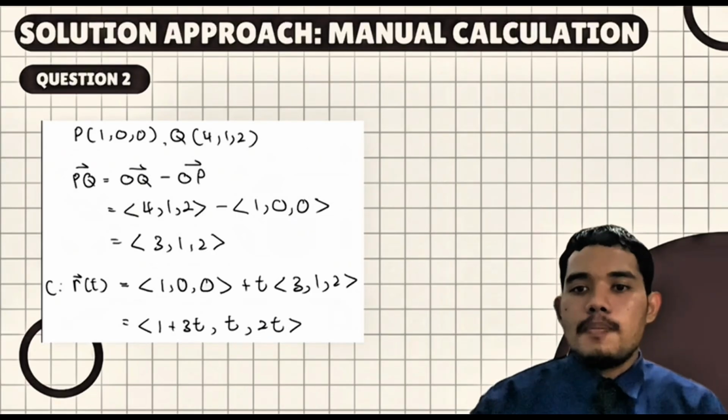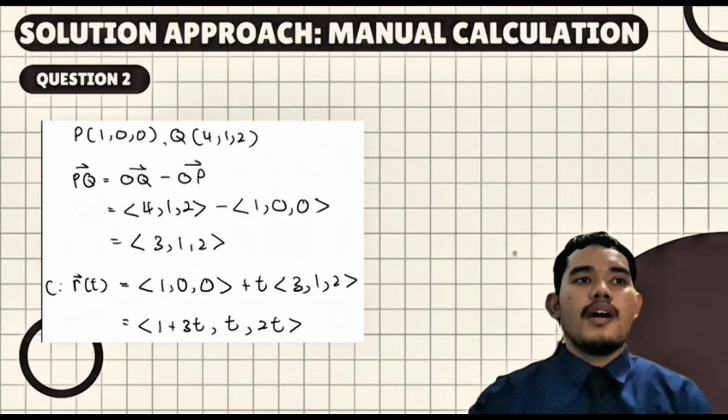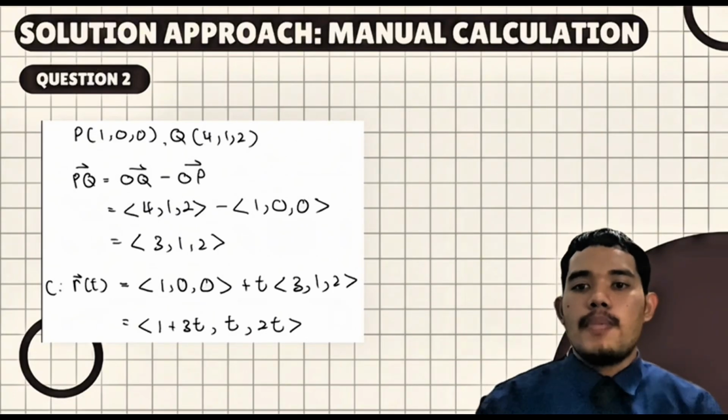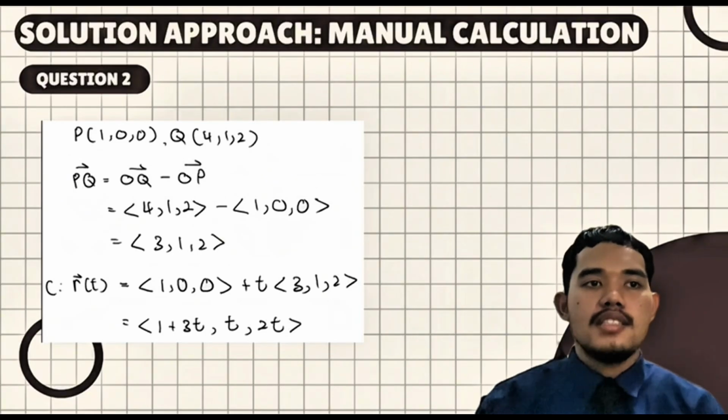From the vector PQ, we will substitute it into the parametric equation, where vector PQ is the parallel vector and vector (1, 0, 0) is the position vector, and then we will expand it in order to get the i, j, k form.